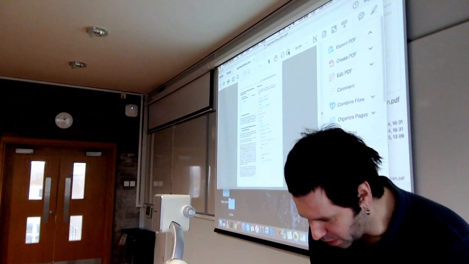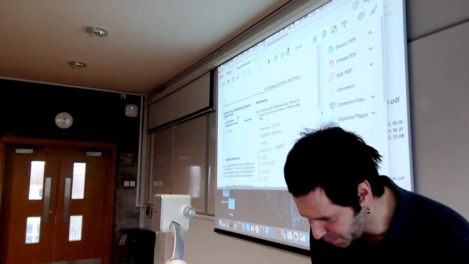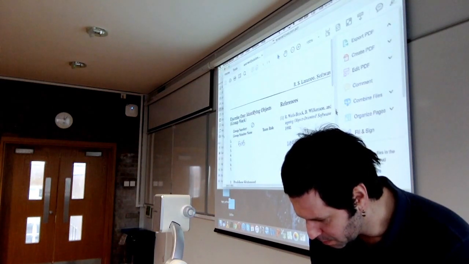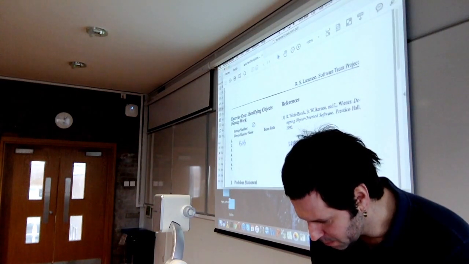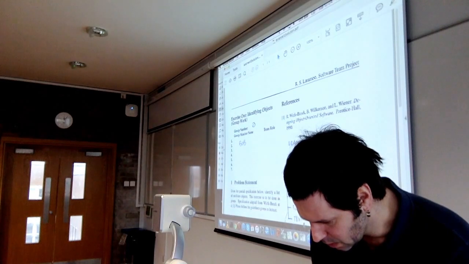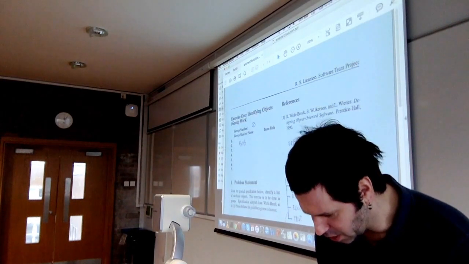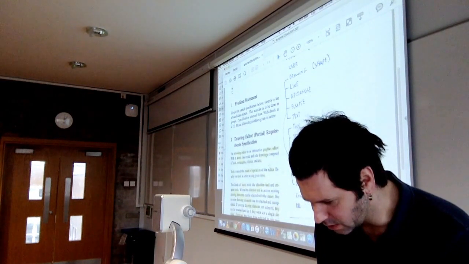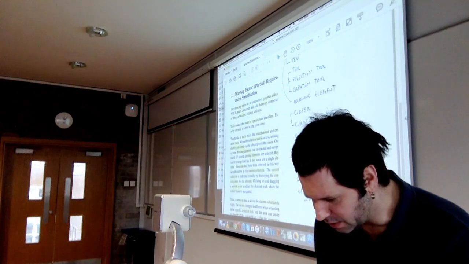So how do I do this exercise? Given the partial specification below, identify a list of candidate objects. This exercise is to be done in groups. So there it is.